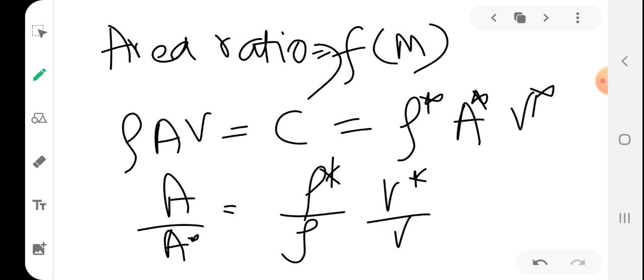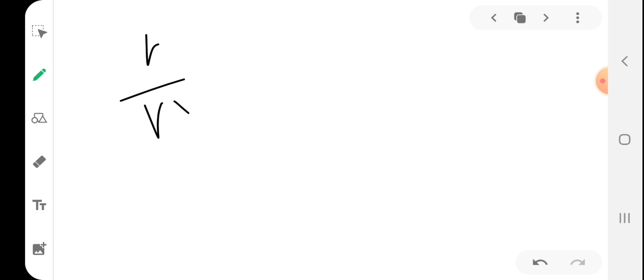Now, you know what is V star by V? Actually, V by V star is nothing but Mach star, the reference Mach number.